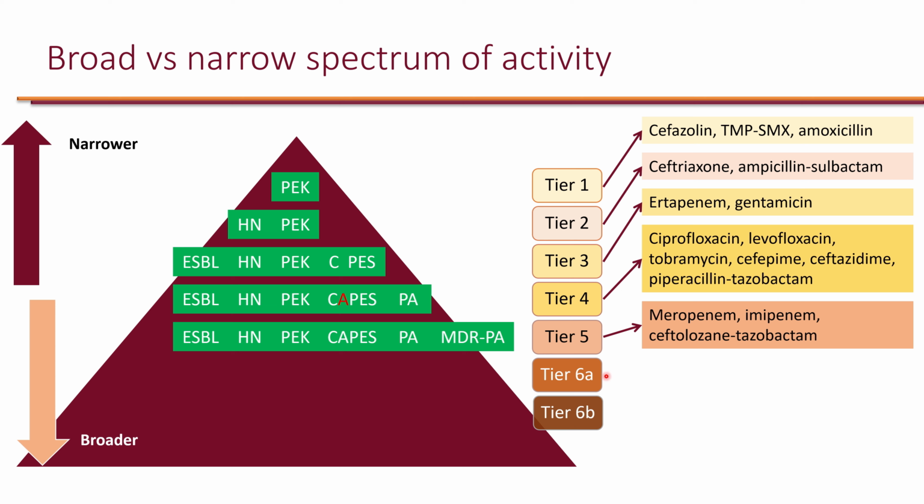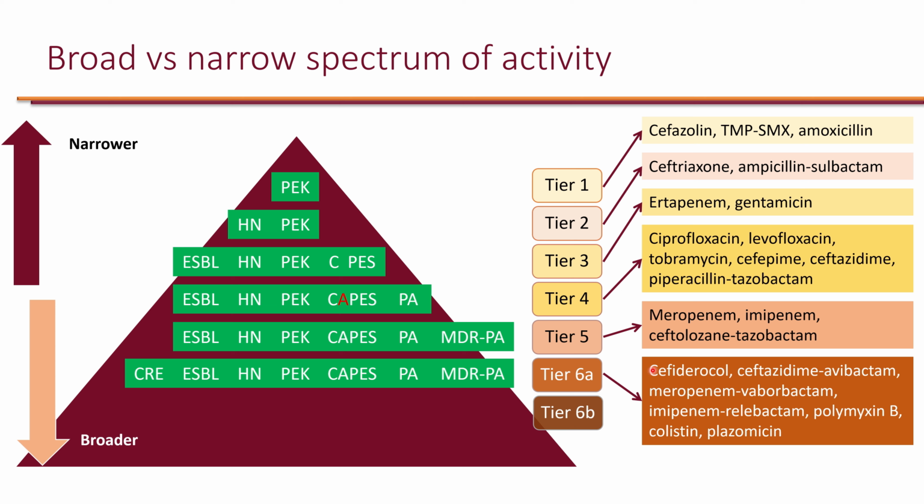And then tier 6. They are still active against multi-resistant Pseudomonas, but in addition, they also have activity against carbapenem-resistant Enterobacterales. So some Enterobacterales, of course, can develop ESBL, but a smaller portion of them can also develop resistance to carbapenems.